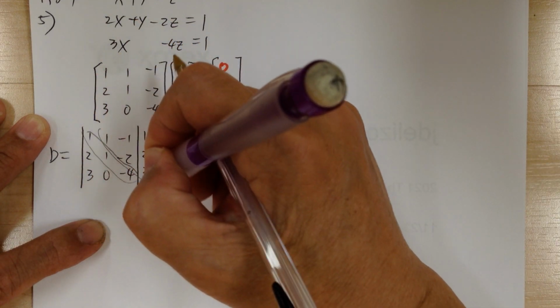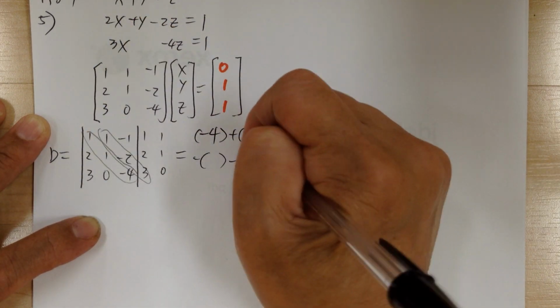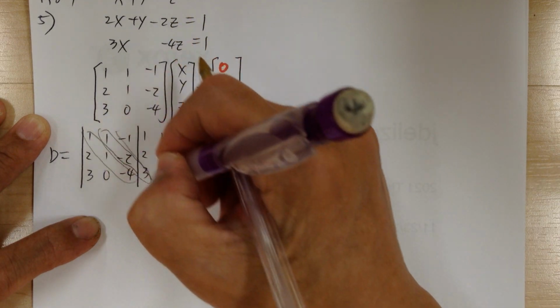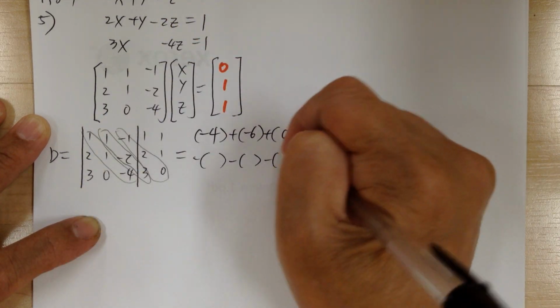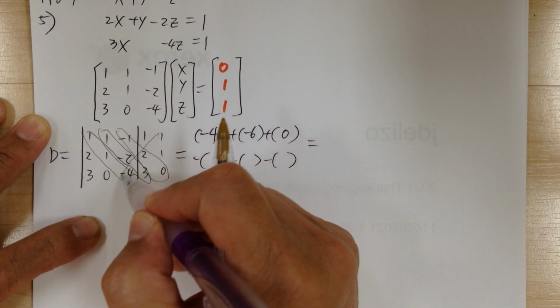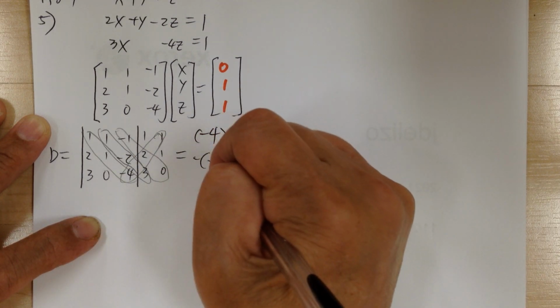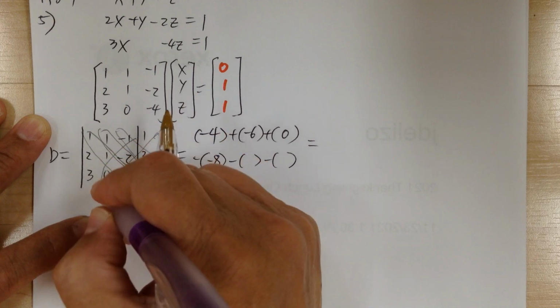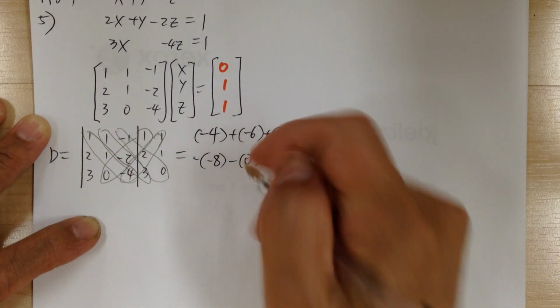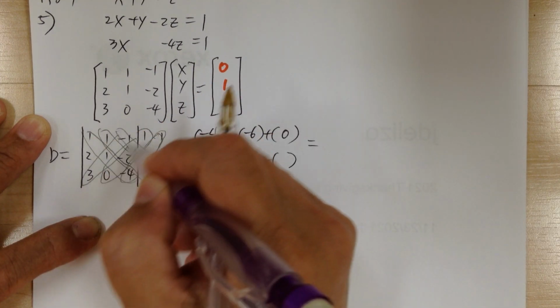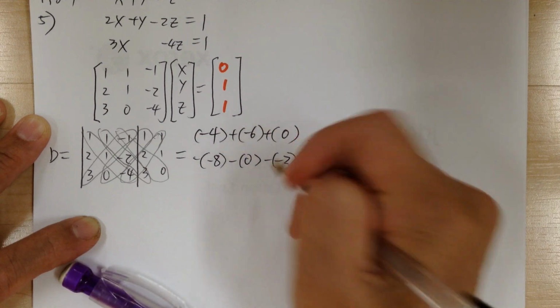The next diagonal would be negative 6. The next diagonal would be 0. The opposite diagonal would be negative 8. The next diagonal would be 0. Then the next diagonal would be negative 3.